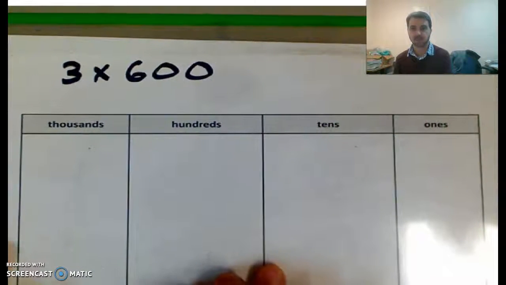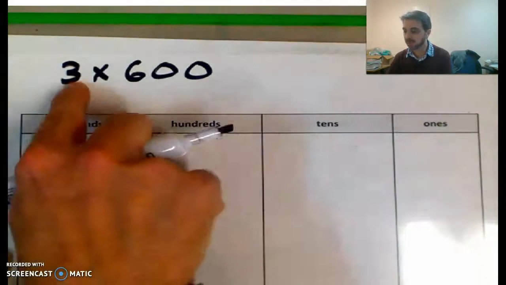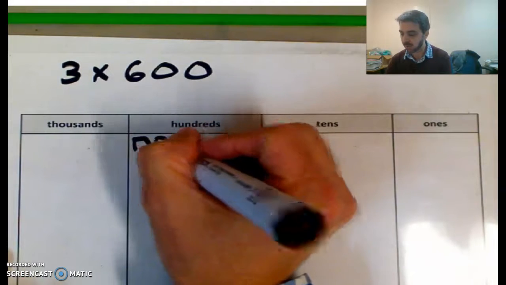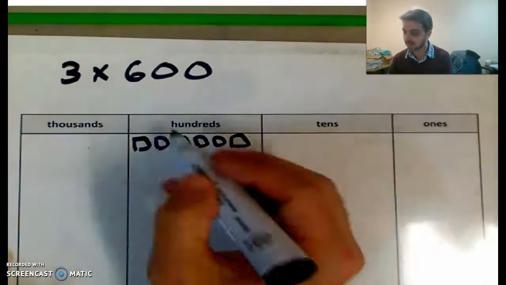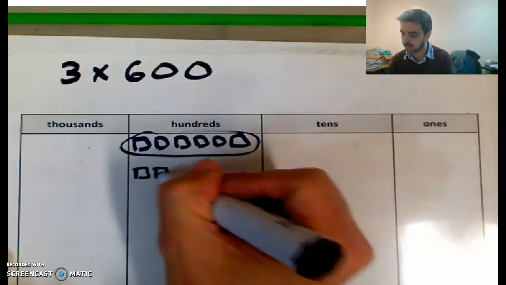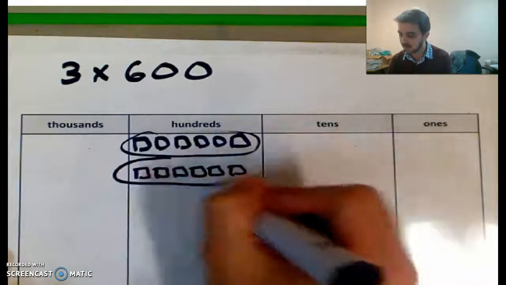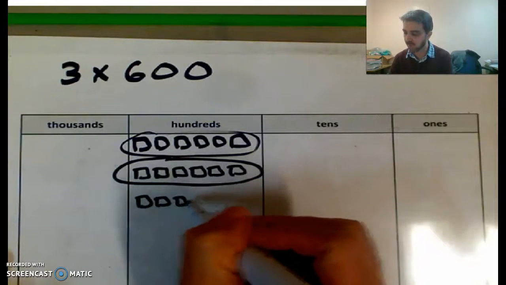So here's my hundreds place. I have 3 groups of 600. So I have 1, 2, 3, 4, 5, 6. That's 600 right there. I need another group. 1, 2, 3, 4, 5, 6. That's 2 groups of 600. And I need 1 more group.